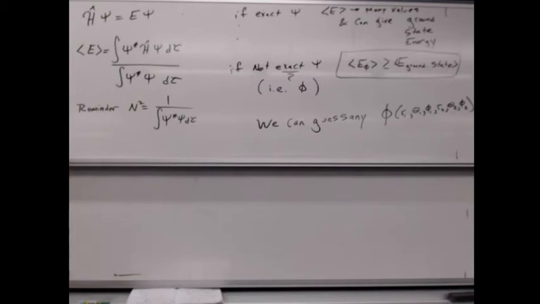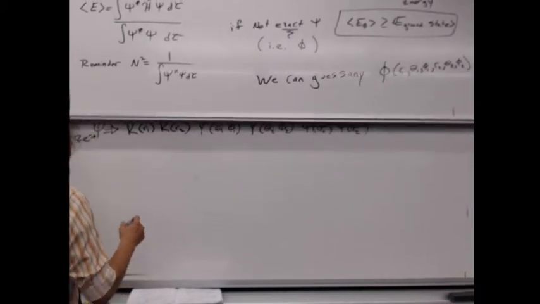We can guess anything. You want to guess R? Yeah, we can guess R. You can guess that it's a simple function. That probably wouldn't be a good guess because as you integrate from 0 to infinity, you're going to blow up to infinity. So we want to think about what makes a good guess.